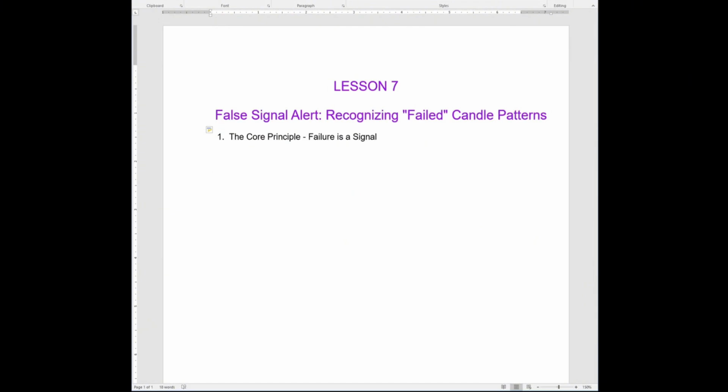So how about the reverse psychology? When a reversal pattern like a morning star, I'm just giving you an example, is formed, it attracts a large number of traders who try to buy. And if this pattern fails, like the price drops below the pattern's low, all those buy orders have to be closed.